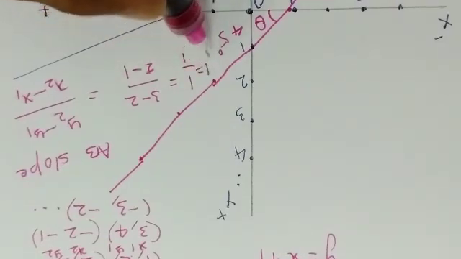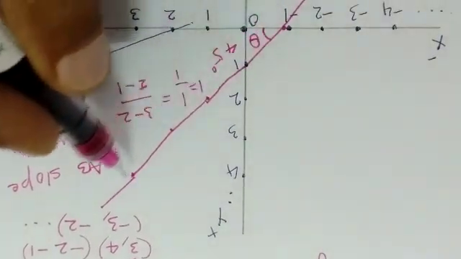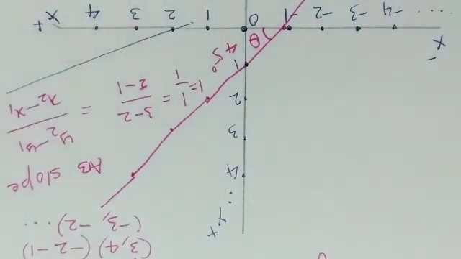That is 1. So the slope of this line is 1.